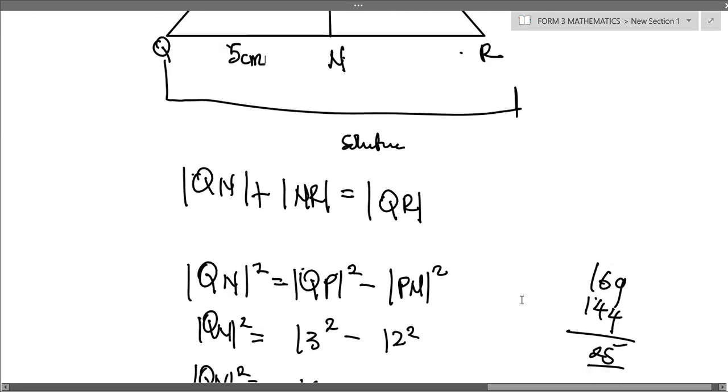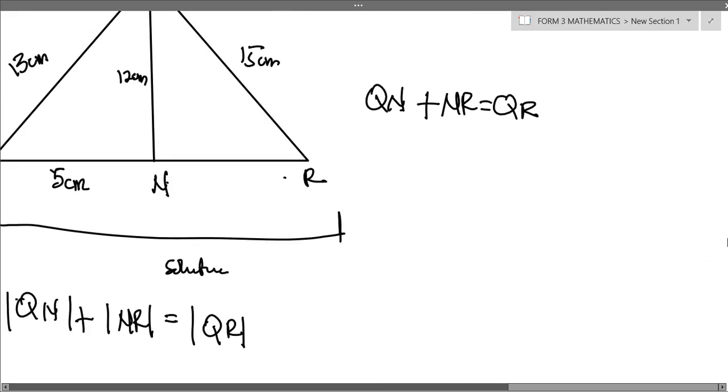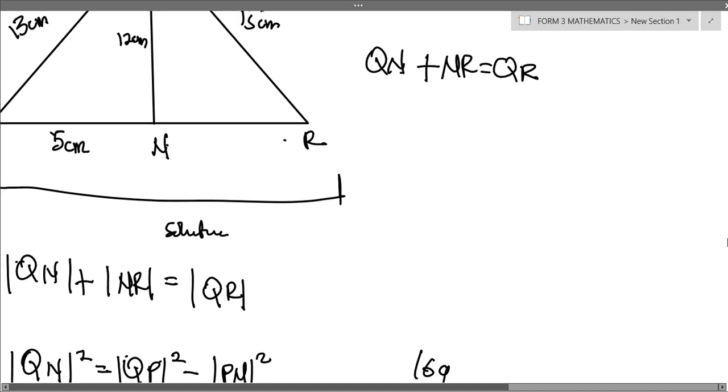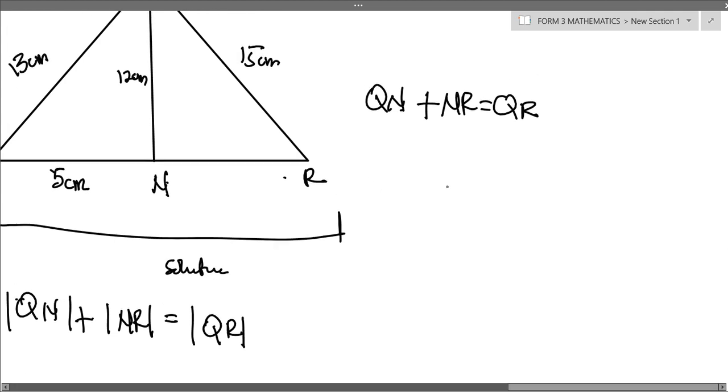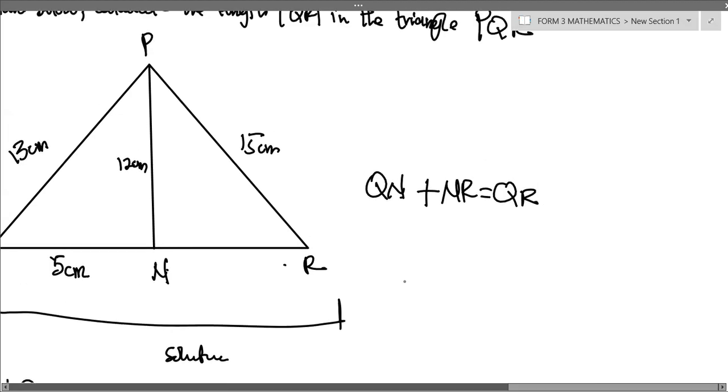Now let's come to NR. So for NR, we are going to apply a similar formula to also get the NR.